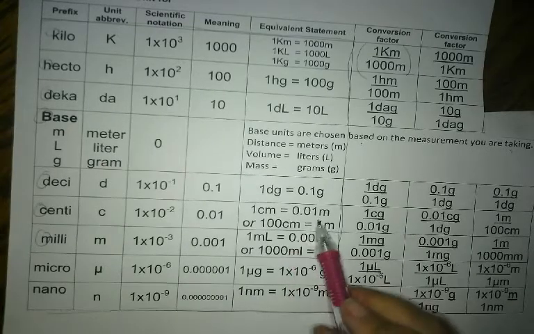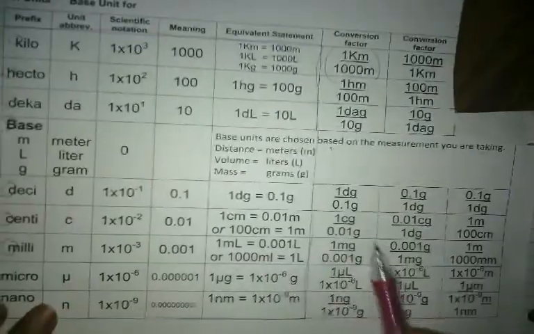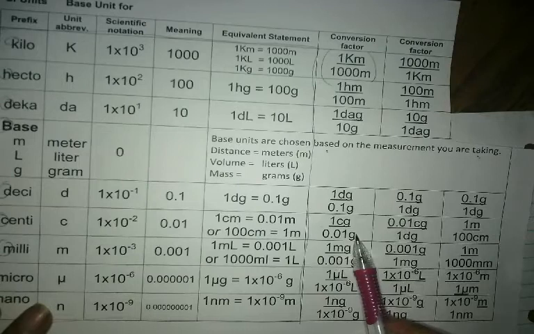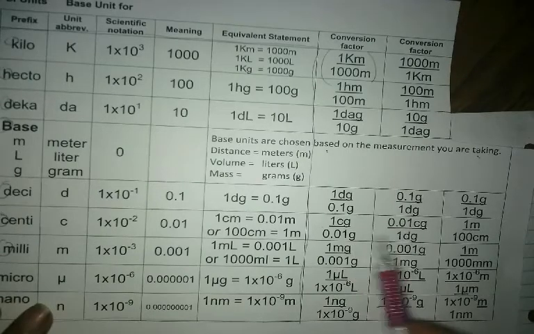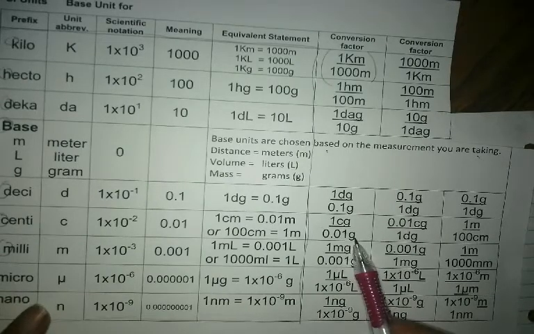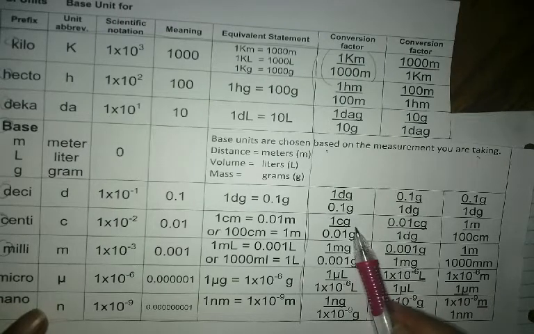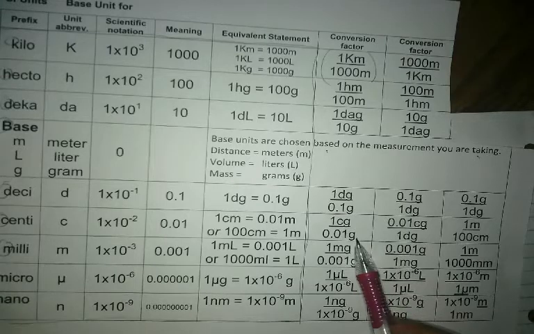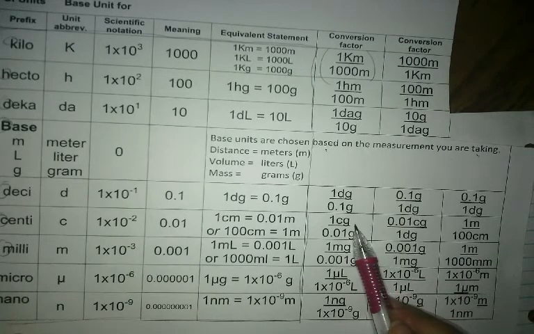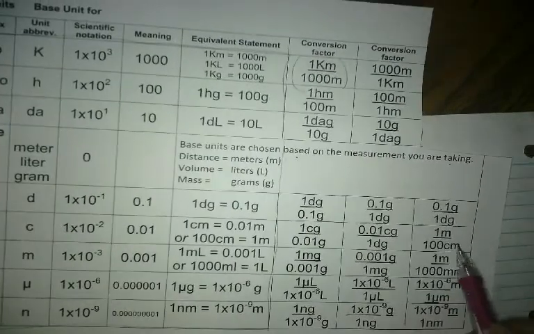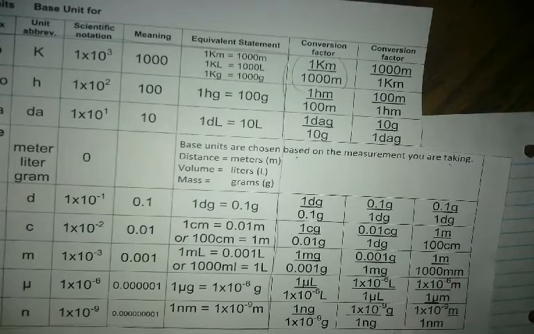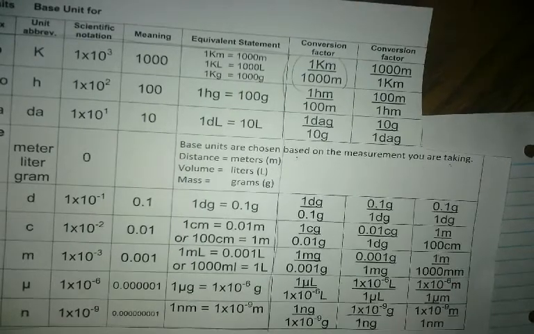These are both equivalent statements, and you can make your conversion factor with the 0.01 gram per centigram, 0.01 meter per centimeter, or you can also say that there are 100 centimeters in a meter.